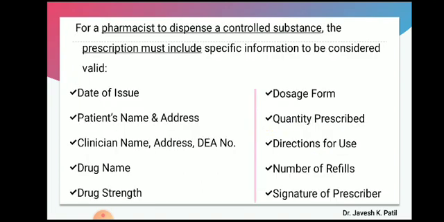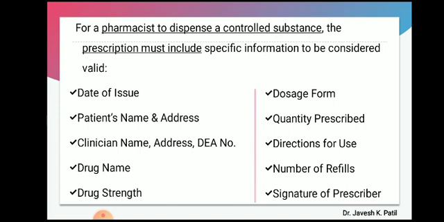For a pharmacist to dispense a controlled substance, the prescription must include some specific information. If all these things are included in the prescription, then only is the prescription said to be valid.